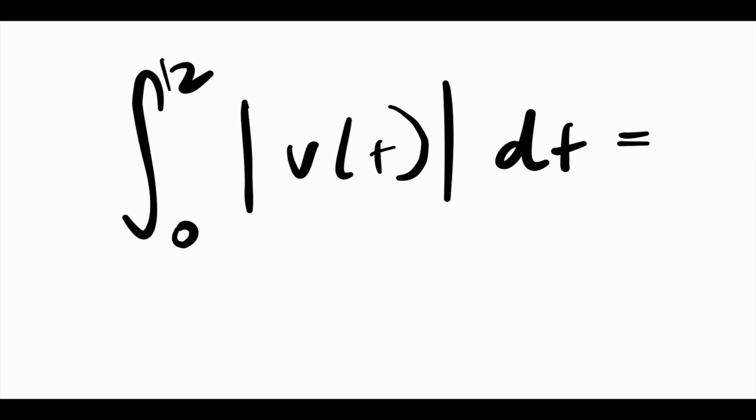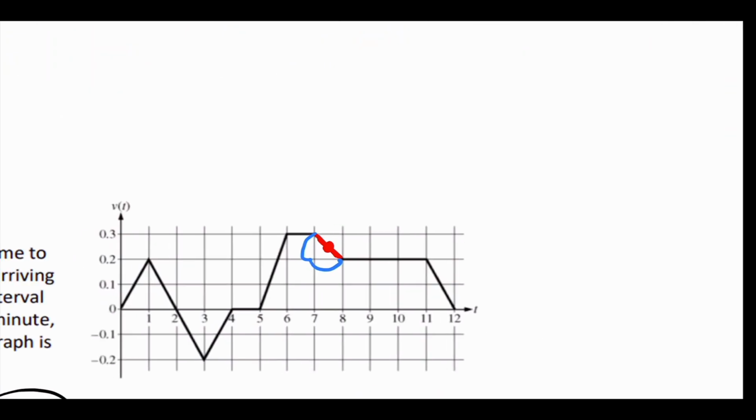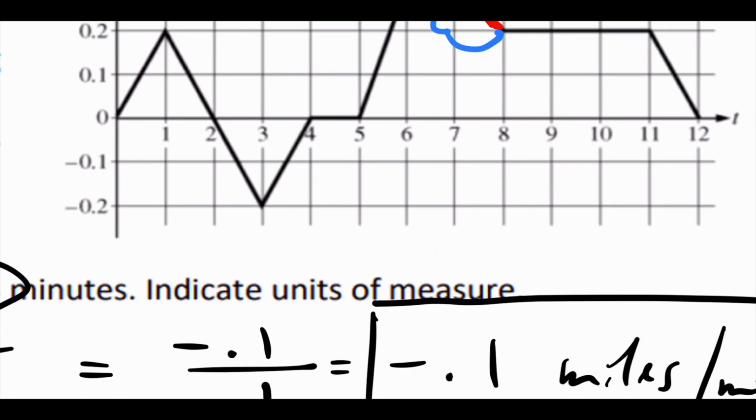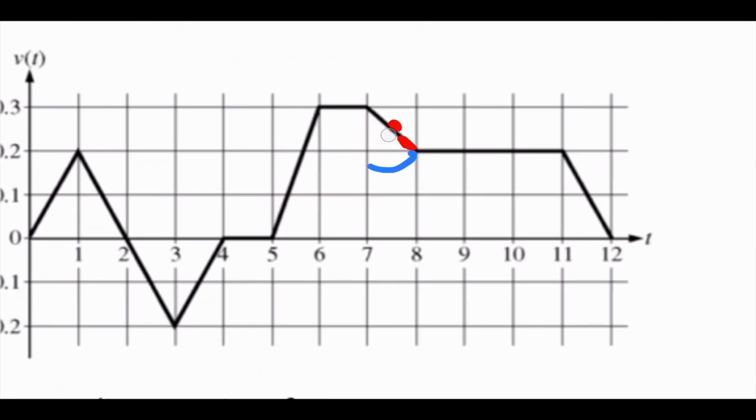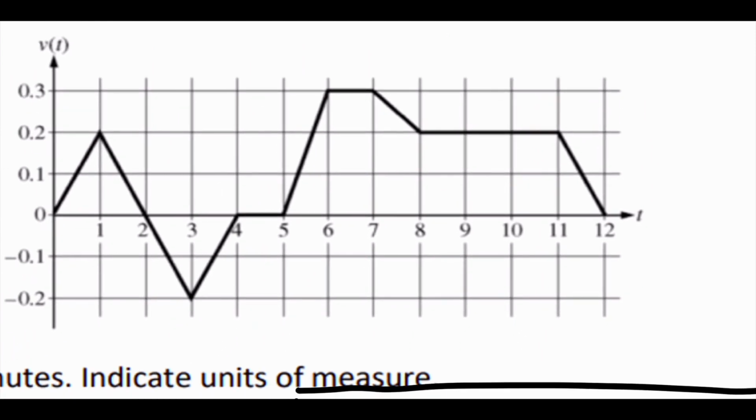Area under the curve. Okay, so I have here, right? Let me erase this part because I don't need it no more. So area under the curve for everything? Absolute value. So how is that going to change how I do this? So from 2 to 4, that's also going to be positive.